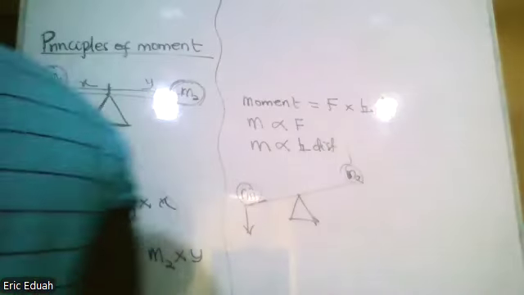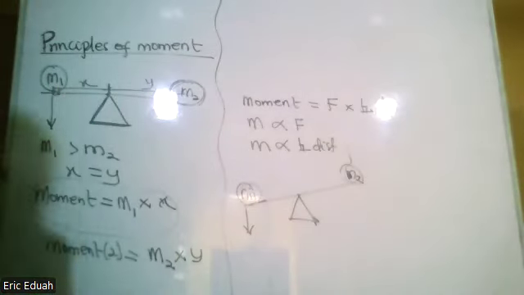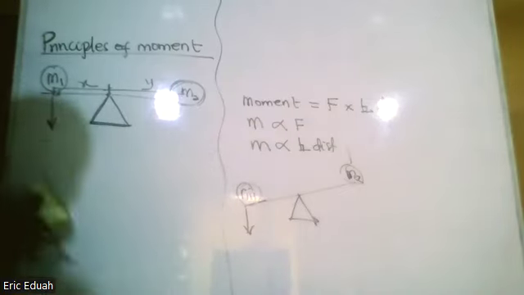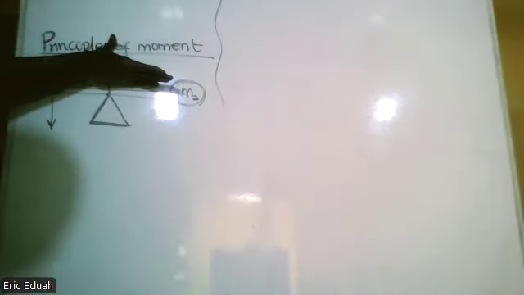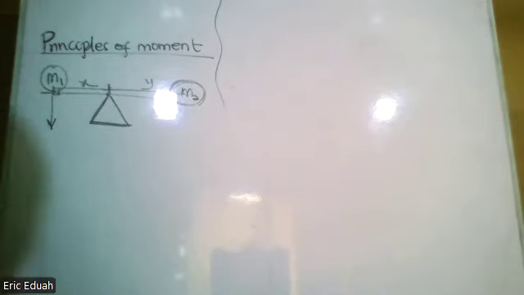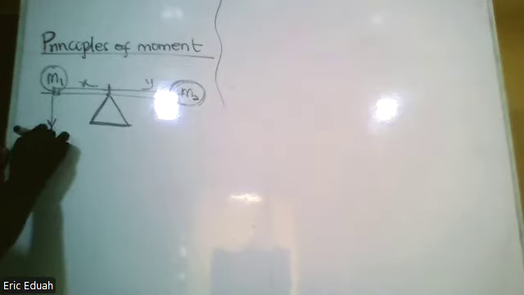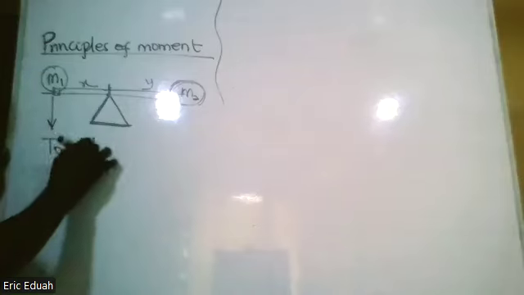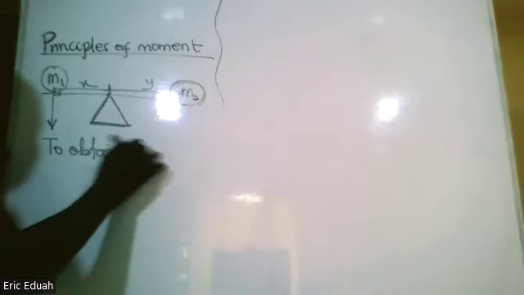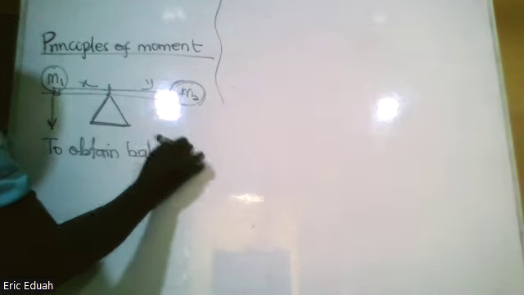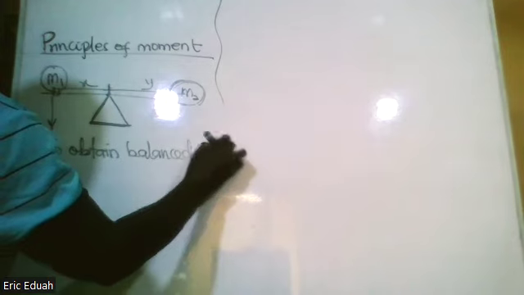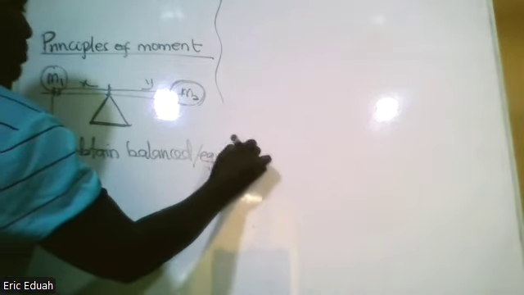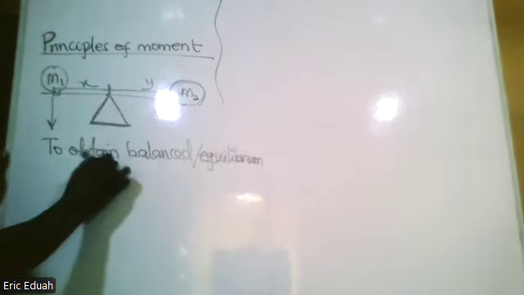So the first principle of moment is that to obtain balance, where we have the level of the bar being the same, to obtain balance or equilibrium states.